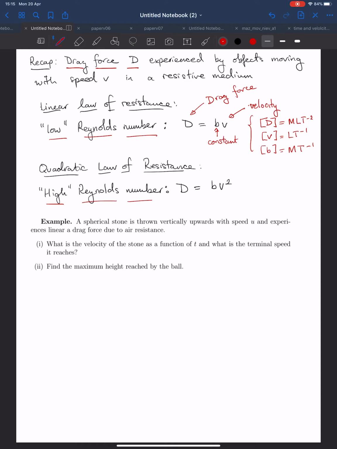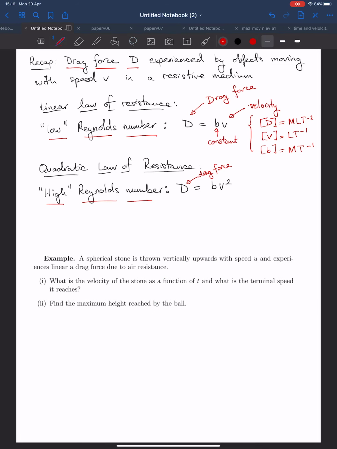And what we have is the magnitude of the drag force, this is drag force again, is equal to now some constant B, which is a different constant from before, multiplied by the square of the velocity. That's why it's called the quadratic law. So again, we can do the same dimensional analysis with this equation.